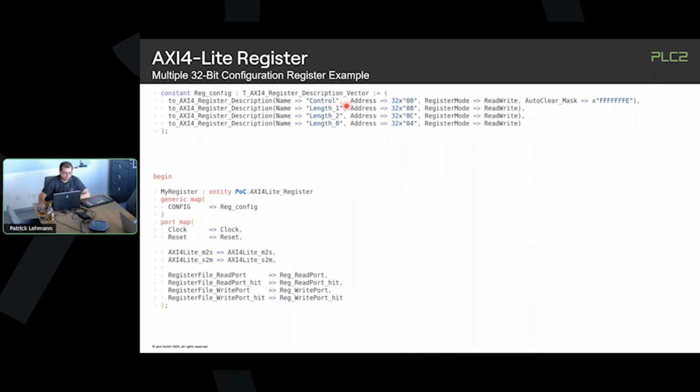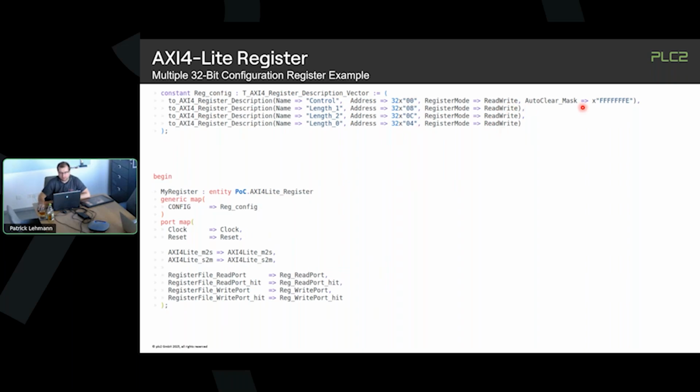So we can set up a control register, some length registers, we can even reorder them here. You see here the addresses are not ordered. Of course, we all try to write nice code, so you would do it better than me here. I just want to express what's possible with setting up registers.